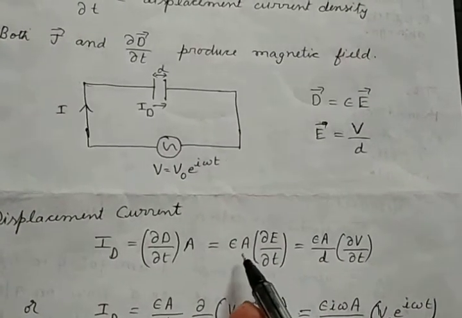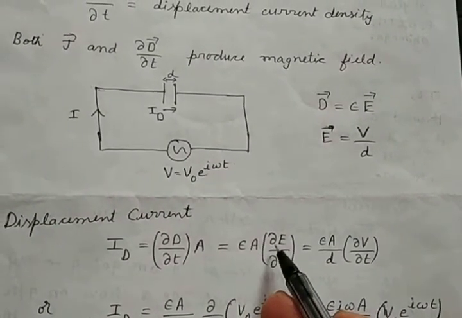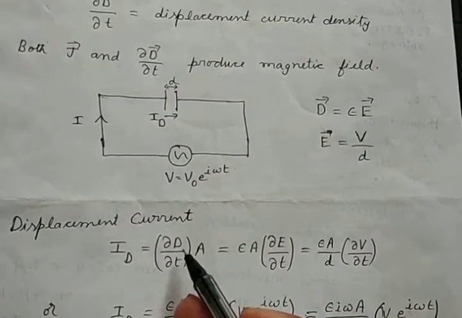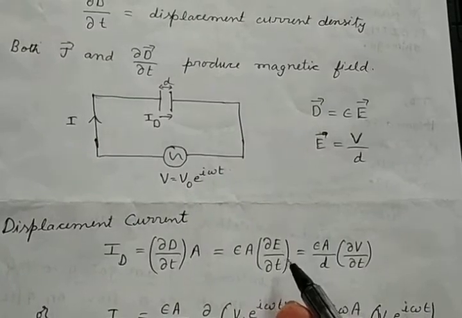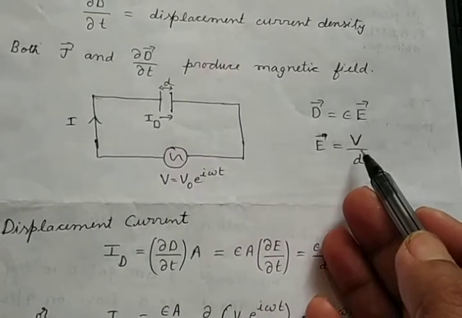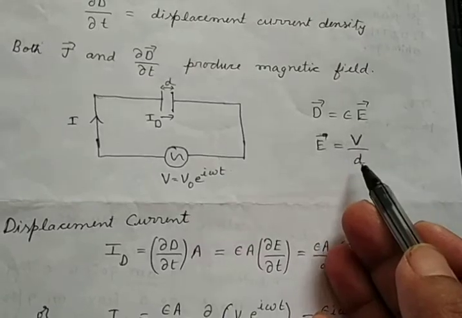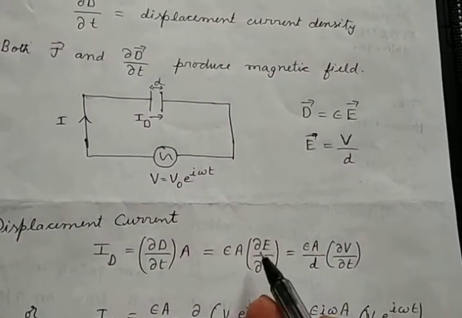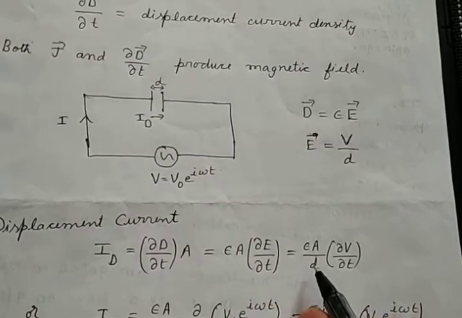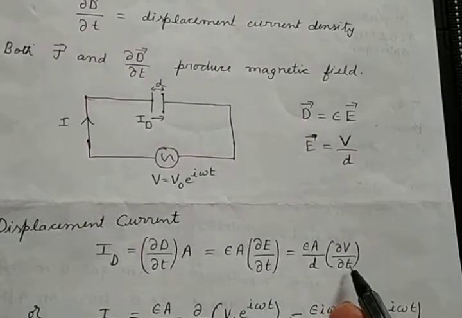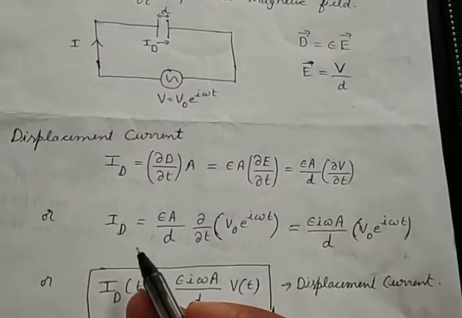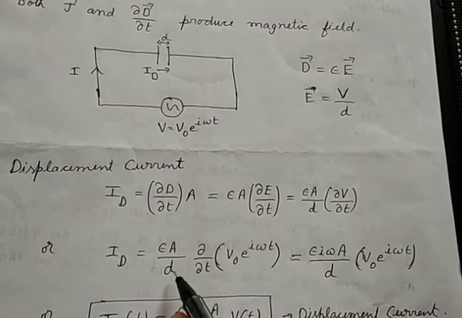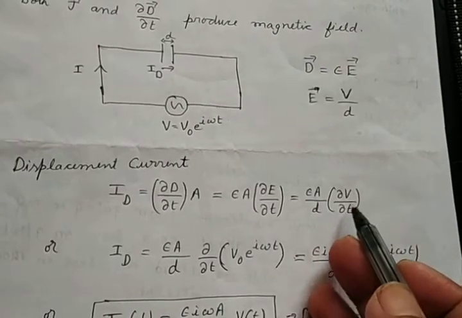Therefore we get epsilon A into ∂E/∂t by substituting for D, and then we can substitute E by the second relation, the voltage applied divided by the separation between the plates d, and we get epsilon A by d ∂V/∂t.